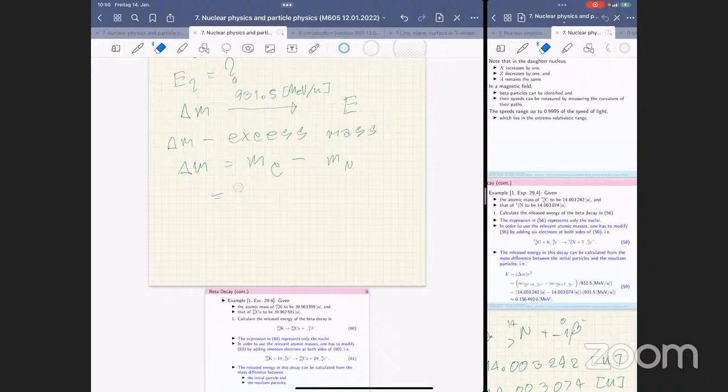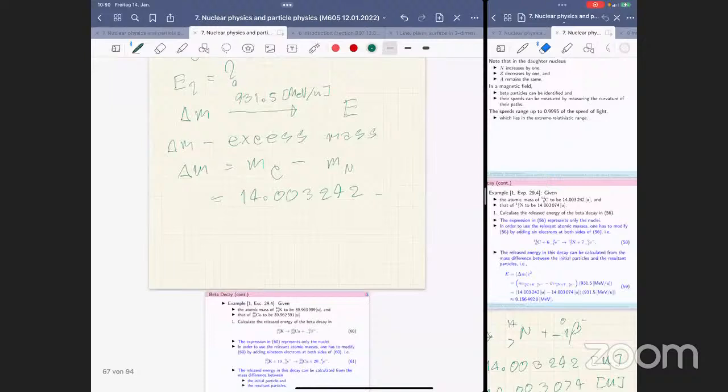So it's 14.003242 minus 14.003074, right?